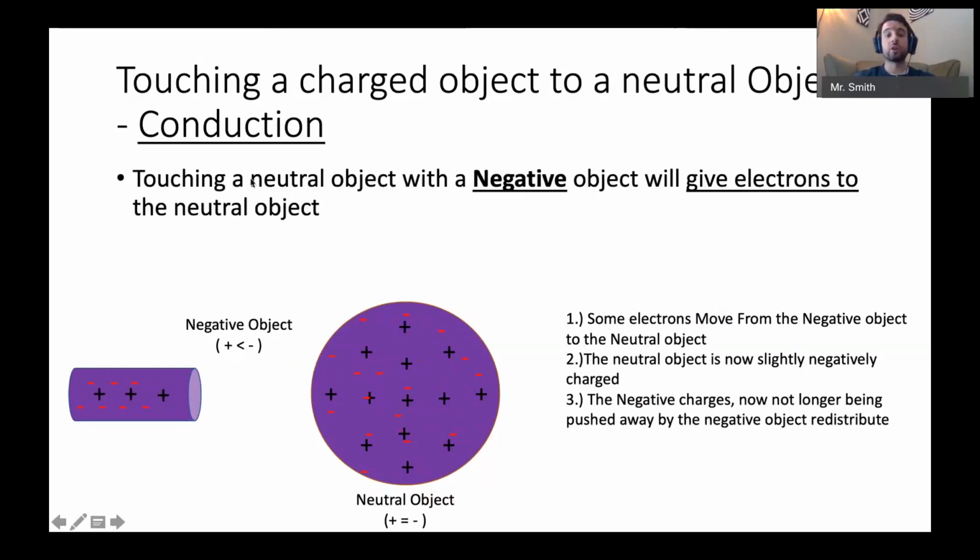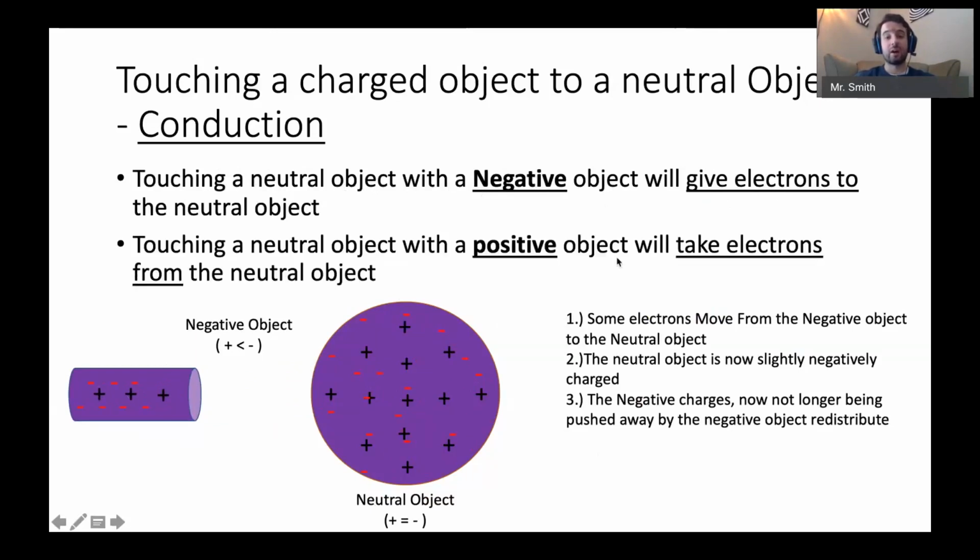So in general, here's what happens. If you touch a neutral object with a negative object, it's going to become more negative. It's going to be given electrons. But if this object wasn't negative, if it was positive instead, then the positive object will end up taking electrons away. Remember, the protons, the positive charges, aren't moving. It's just the negative charges.